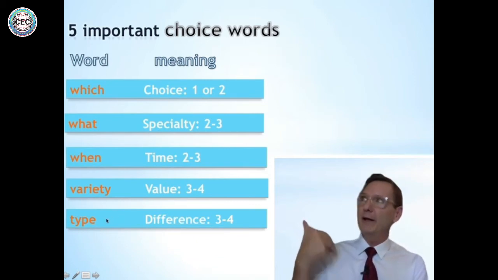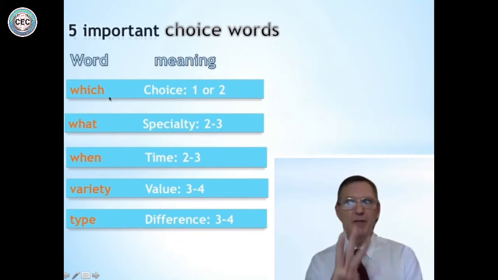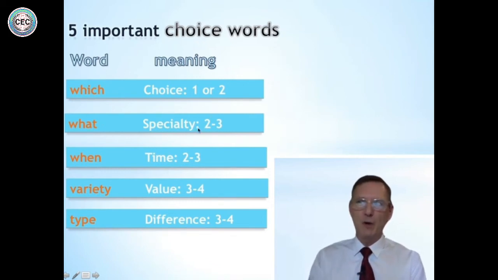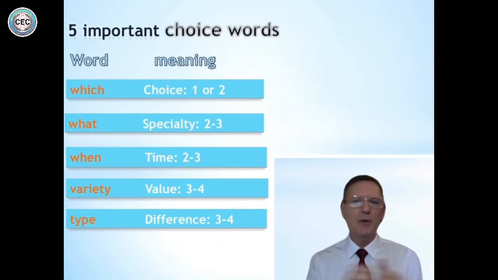The last one is a type question, like what type of vehicle. IELTS is asking you to understand the difference between 3 or 4 things. All these are choice words, and what we want to figure out is how many different times, for example, or how many different things they will ask me.